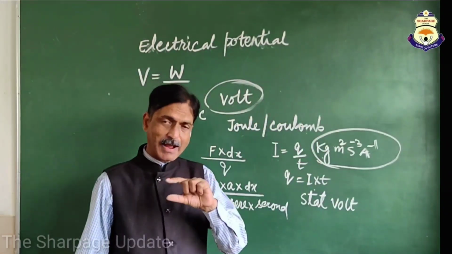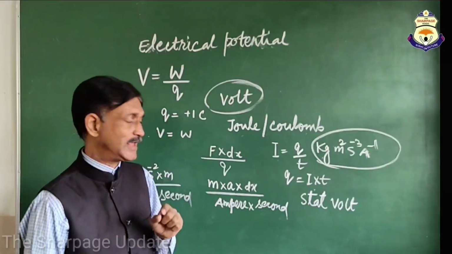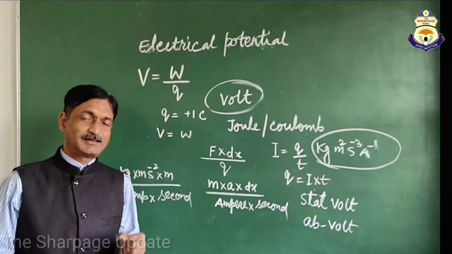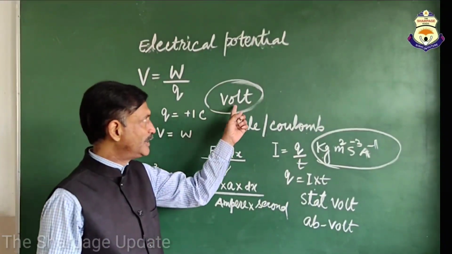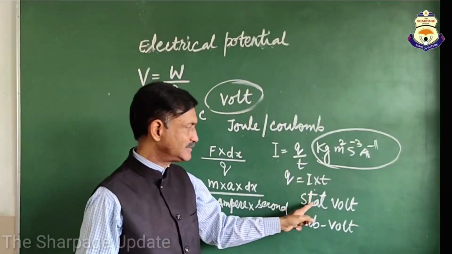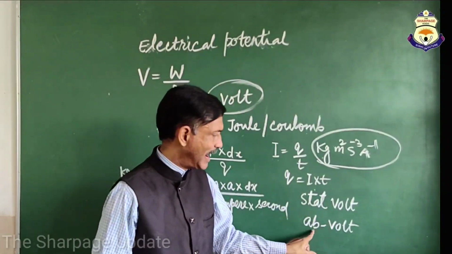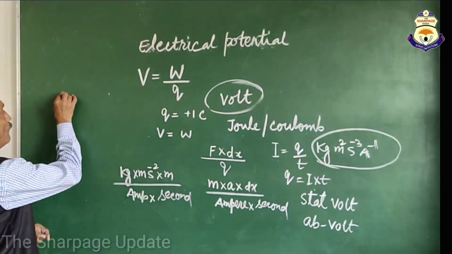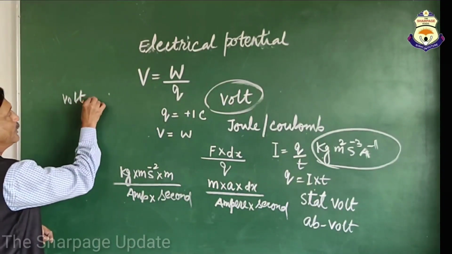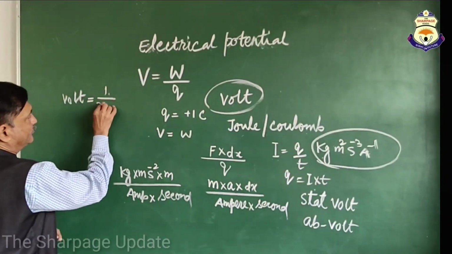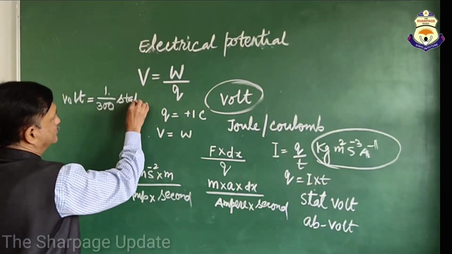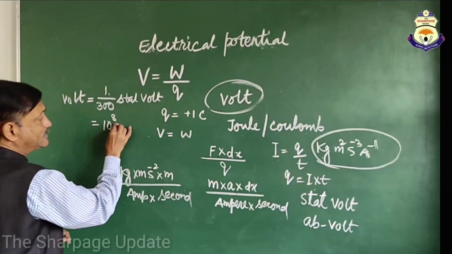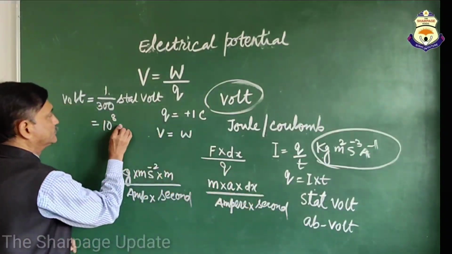And the electromagnetic unit of electric potential is abvolt. Now, the relation between the SI unit of electric potential, the CGS unit of electric potential and the electromagnetic unit of electric potential is: 1 volt equals 1 upon 300 statvolt, equal to 10 to the power 8 abvolt.